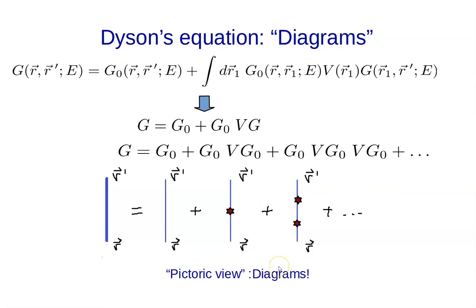So this is the idea of expressing the solution of Dyson's equations in terms of these diagrams. And you can even write the equation itself in terms of these diagrams. I would essentially take the thick line from r prime to r1 here, and then a thin line from r1 to r.